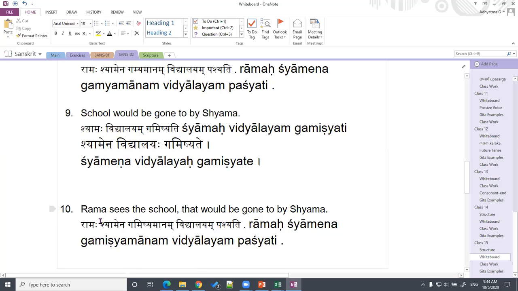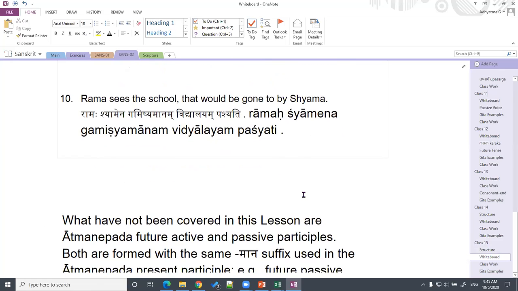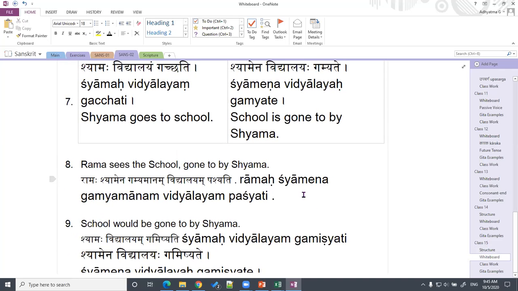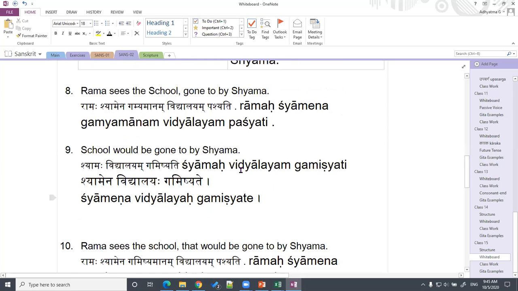This is very unusual. You normally don't find the future passive participle being used. But for the sake of completeness, I wanted to show you how to use the future passive also. So any questions so far? Okay. If there are no questions, I hope you understood, because it was not difficult actually.